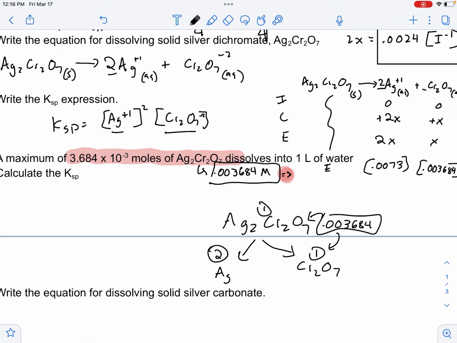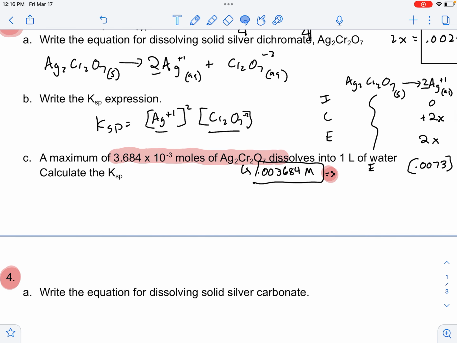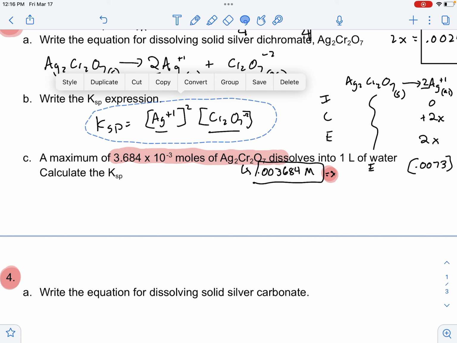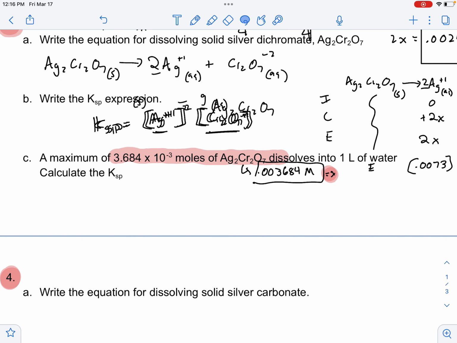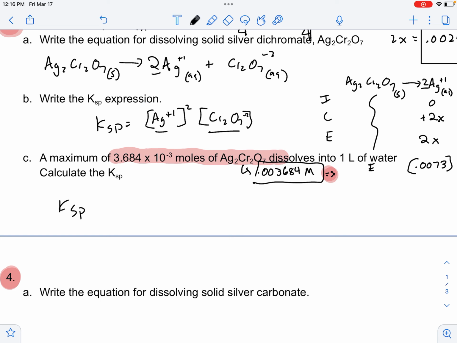I'm just going to erase a little bit of the stuff over here. So KSP, bring it down here. I think I grabbed too much. I'm just going to write it now because I'm picking up too much in my copying.